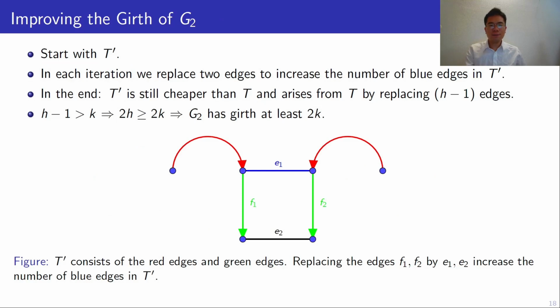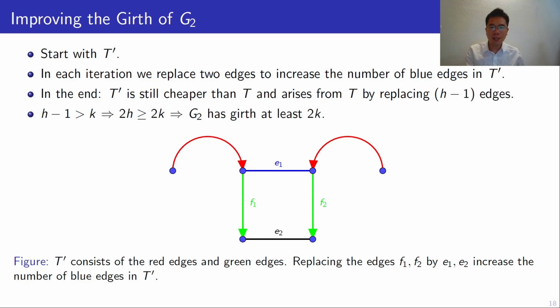How to do this? We start with the tour T prime, and in every iteration we replace 2 edges to increase the number of blue edges in T prime. So we have an example in the figure.